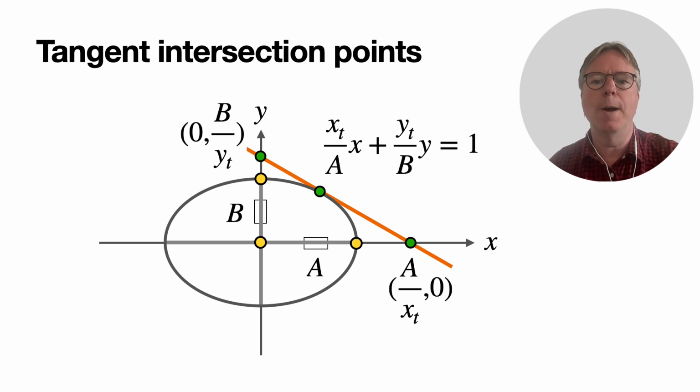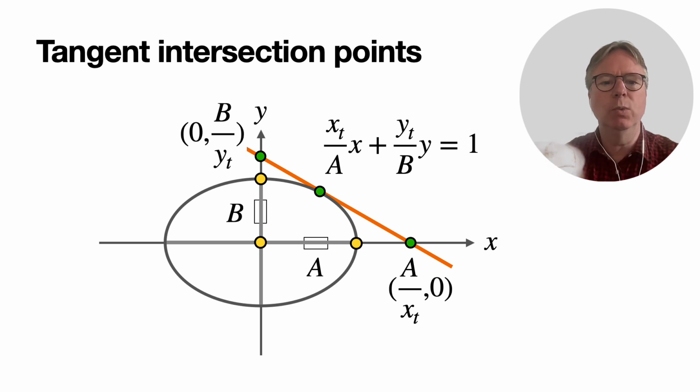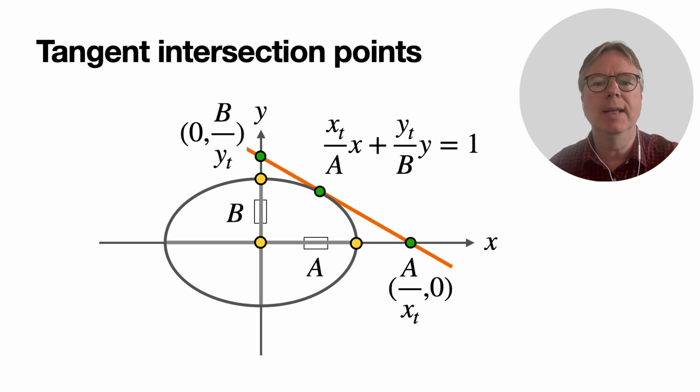Now let's look at the intersection points between the coordinate axes and the tangent line. For example, if you set y to 0, you get the intersection with the x-axis, then x is a over xt. So the coordinate is a over xt, comma 0. And similarly for the other points.